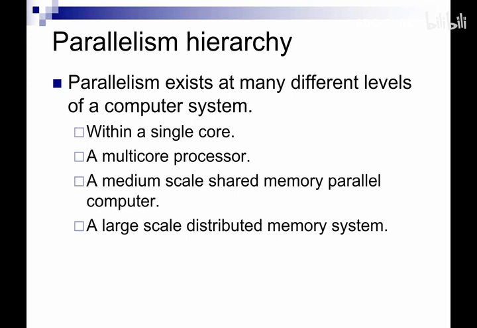We can take multiple processors and combine them into a medium scale shared memory parallel computer, or we can take a large number of these processor cores and combine them into a larger scale distributed memory system. And so today, we'll be looking at parallelism within these various different levels of the parallelism hierarchy.